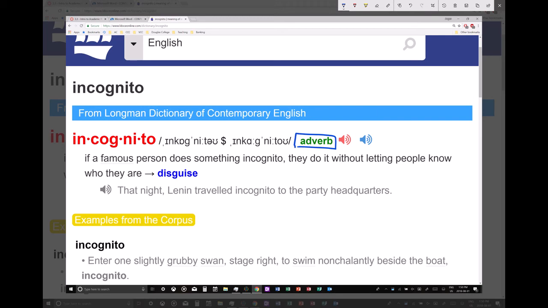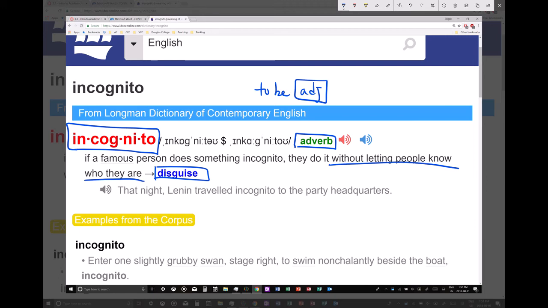Although the sentence, when we go back to it, to be, always follows an adjective. So perhaps incognito works as an adjective as well. But we have here a disguise, to not let people know who they are, to hide their identity, or hide who they are.